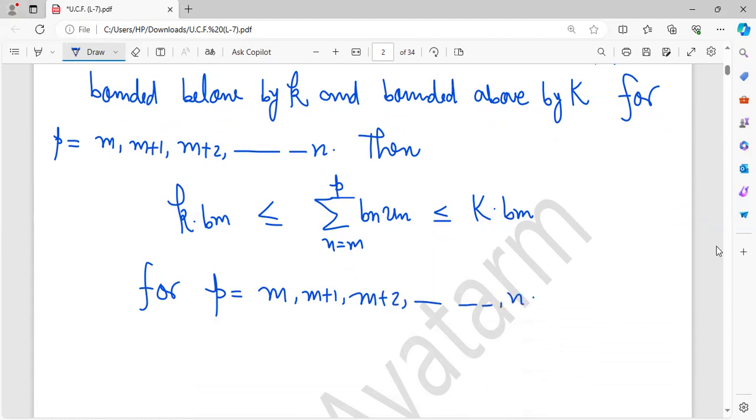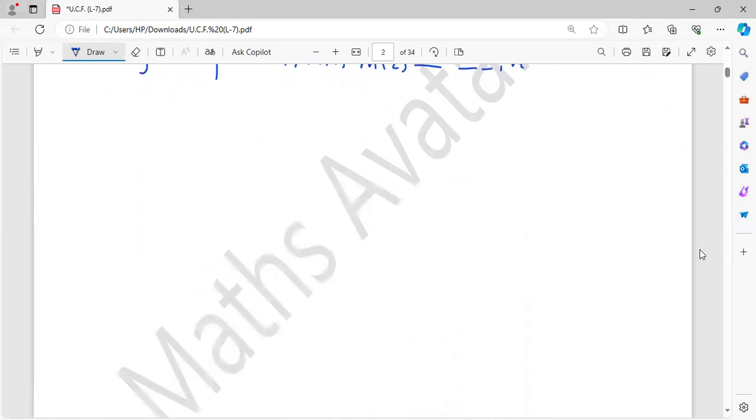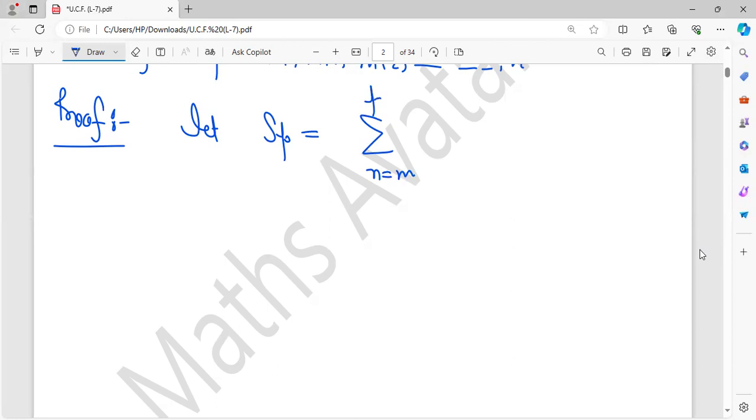So let's prove this lemma. To prove this lemma, let's say Sp is equal to the summation n goes from m to p of Un. Then what is this summation n goes from m to p of Bn Un?